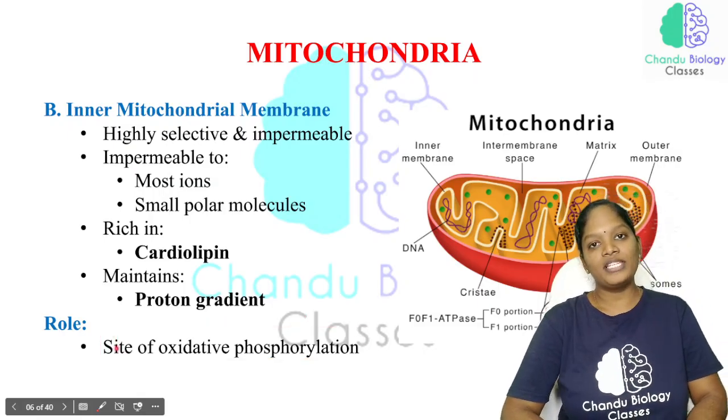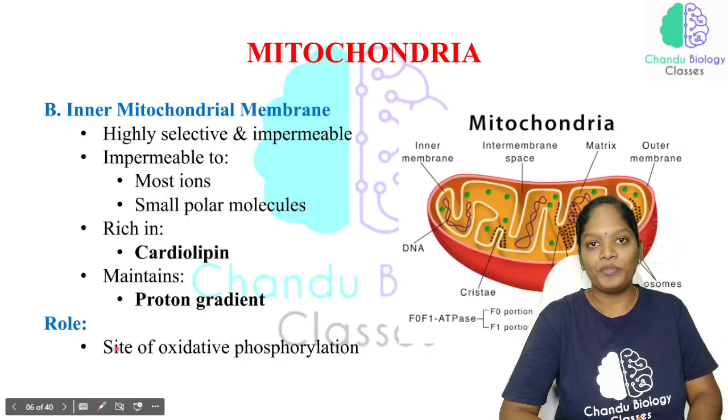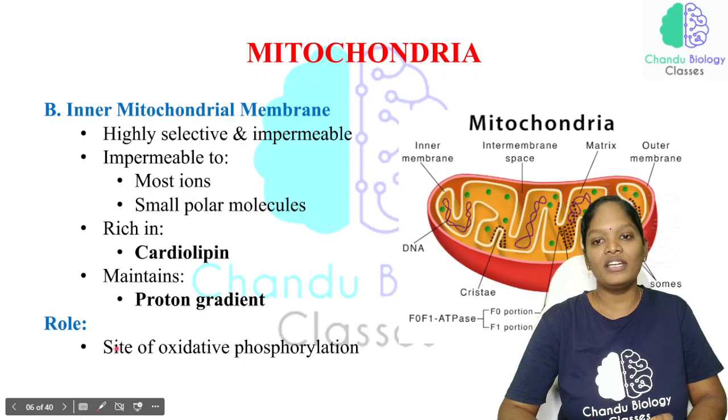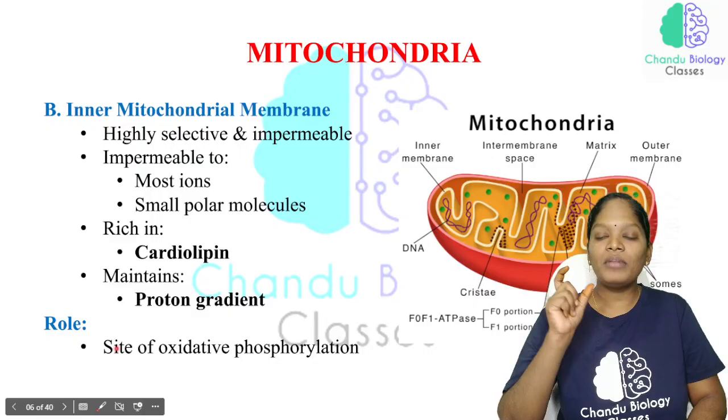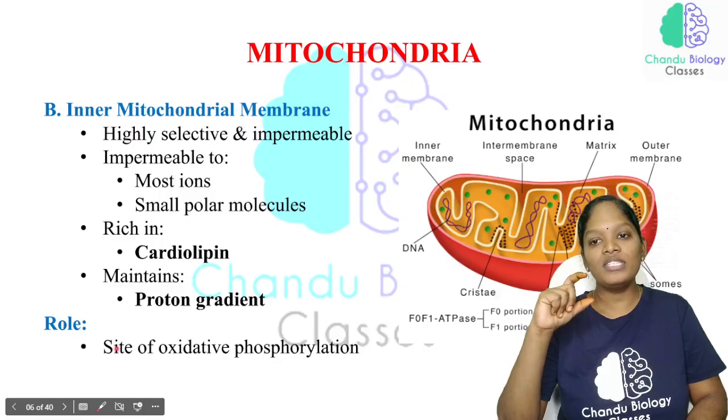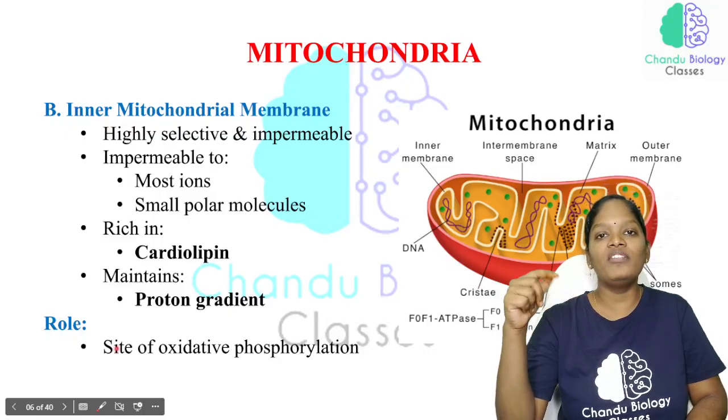Oxidative phosphorylation is the synthesis of energy. For that it needs an oxidative state. Oxidation reactions take place in the inner mitochondrial membrane, so this is the site of oxidative phosphorylation. If oxidative phosphorylation has to take place, definitely there will be a shifting of electrons.